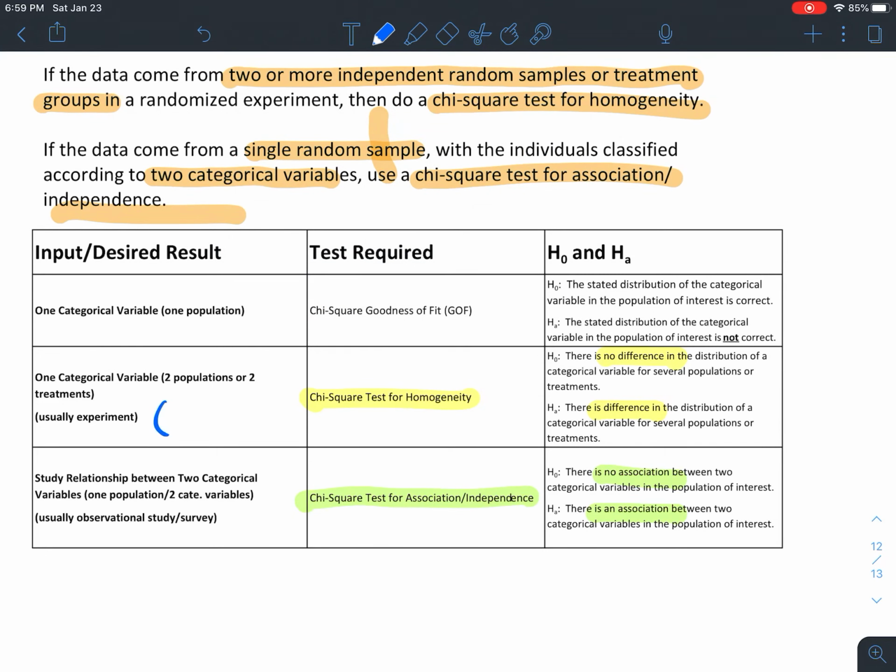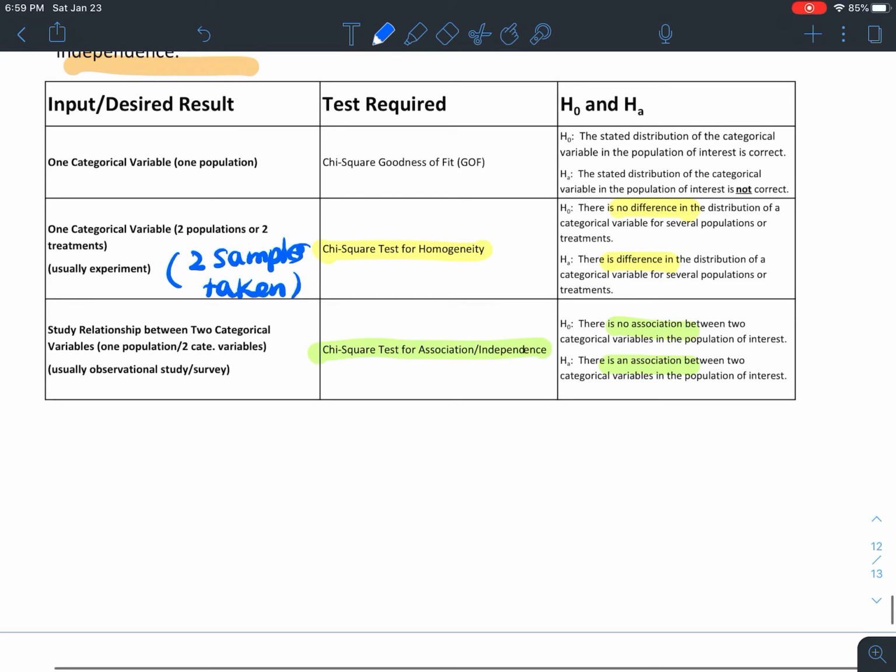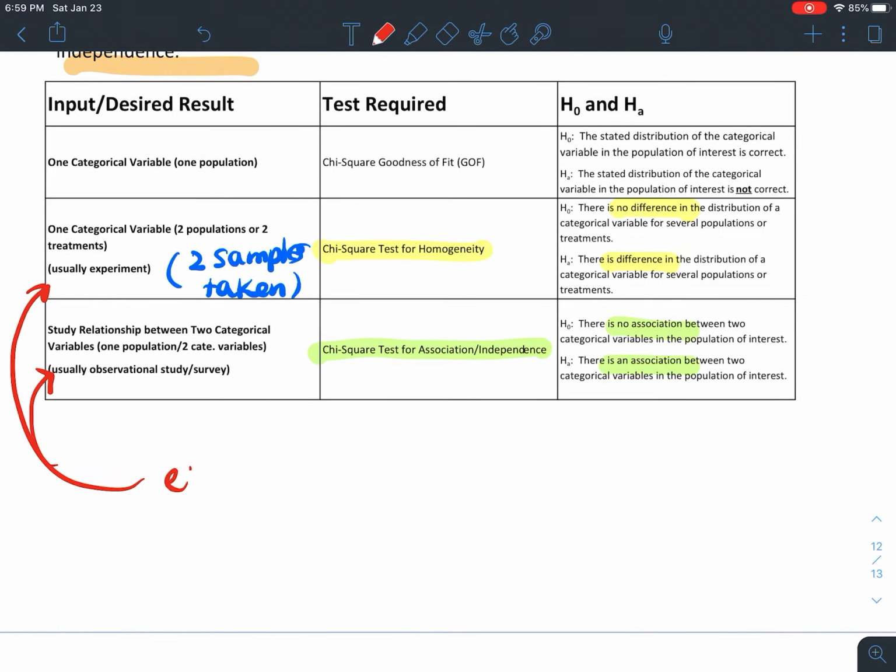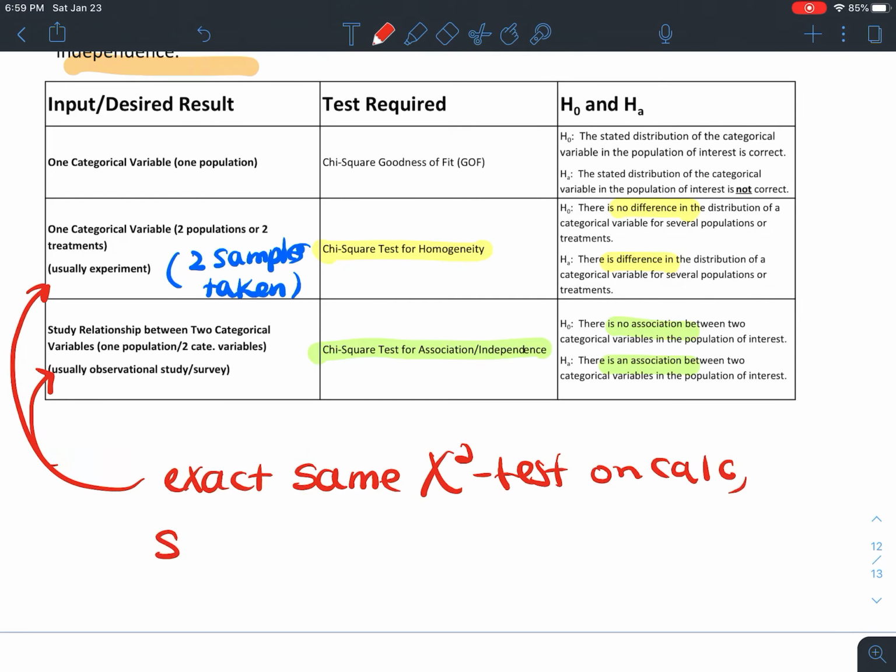When we're talking about homogeneity, it's really two or more, but two samples are taken. Okay, and once again, for both of these tests, it is the exact same chi-square test. That's how it reads on the calculator.